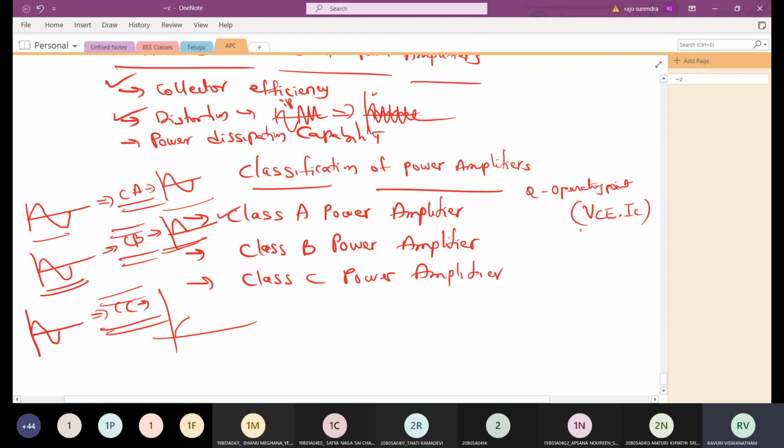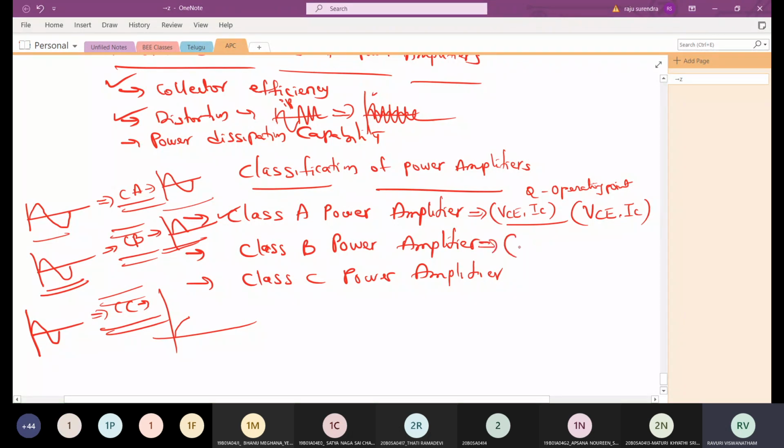Coming to class A, the operating point is at the mid of the DC load line, so we are getting both cycles of output.